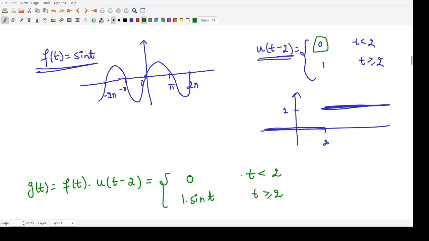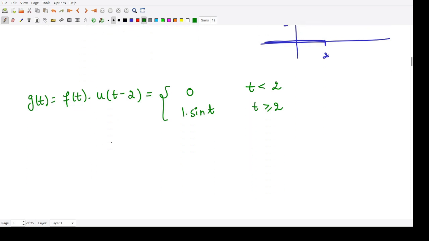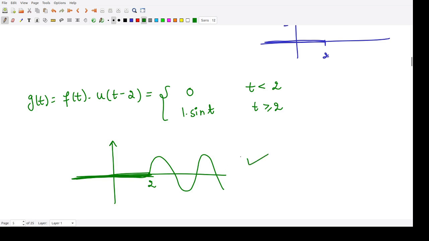So this is the new function, and it would look like this. After unit 2, your function would be the sine wave, and before this it would be 0. That is the utility of this function, that after this point 2 your curve starts to move again. So this is the function g of t.